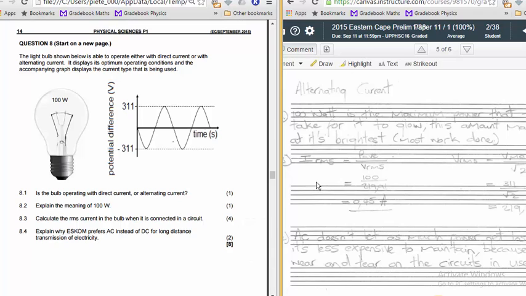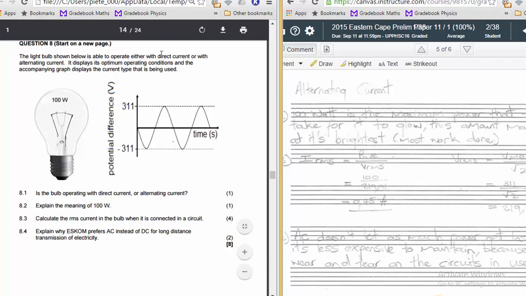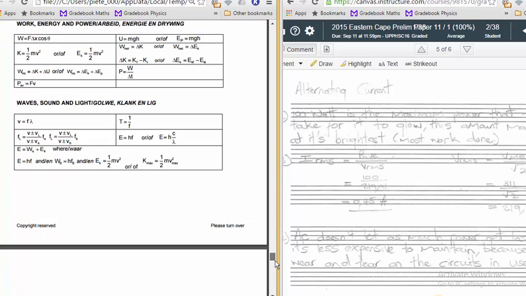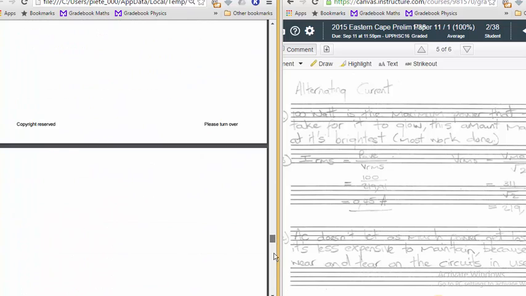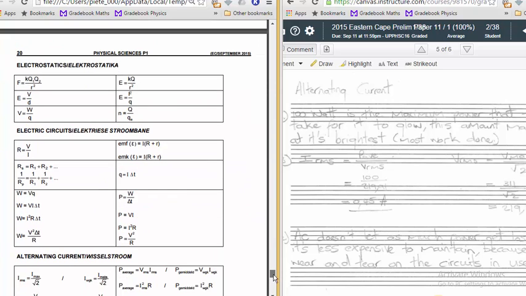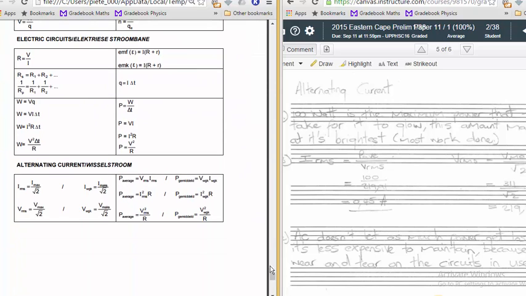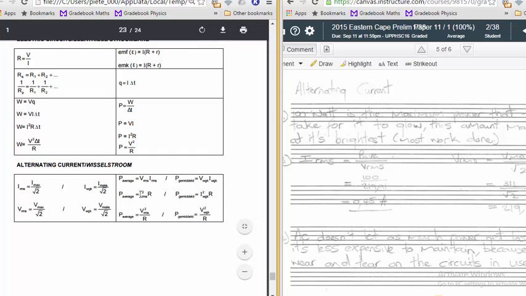Okay, so then in order to calculate the current, I can use my formulas. Here we go. So in this expression, I can use my average power and my RMS voltage to get my RMS current.